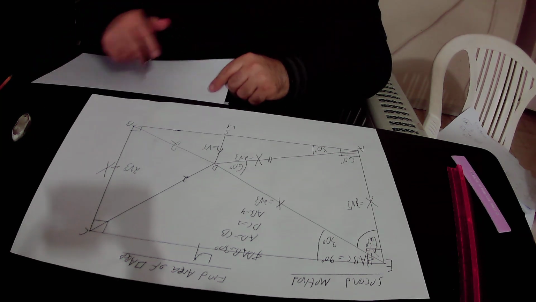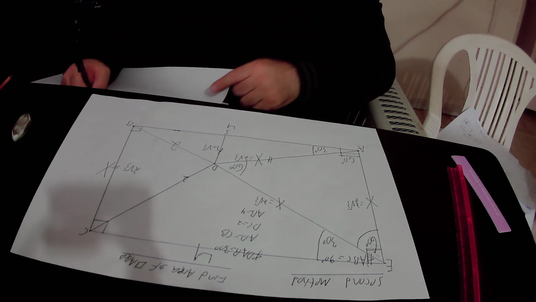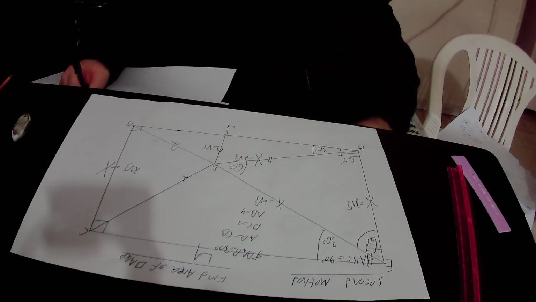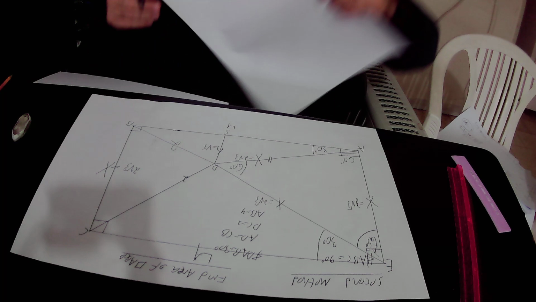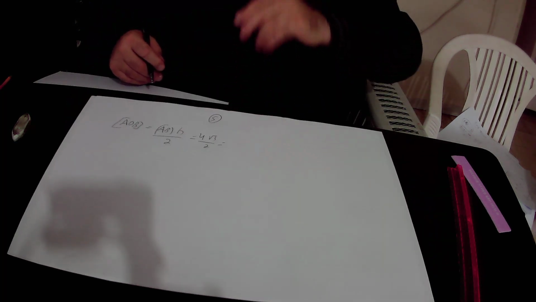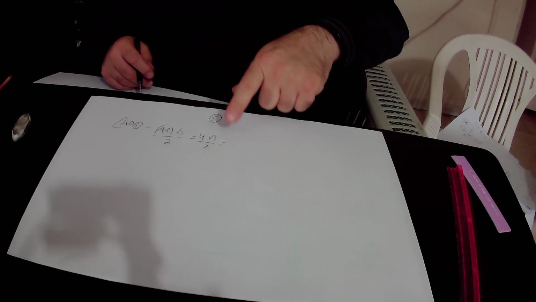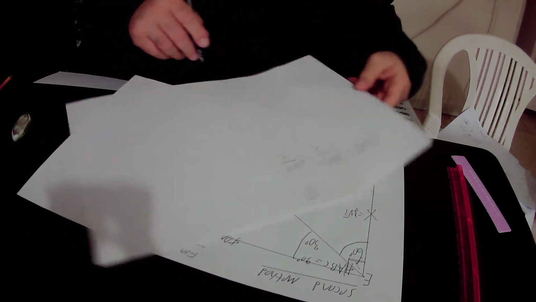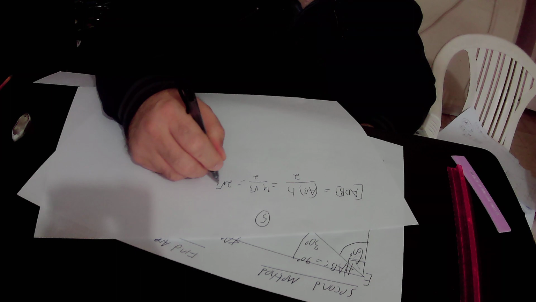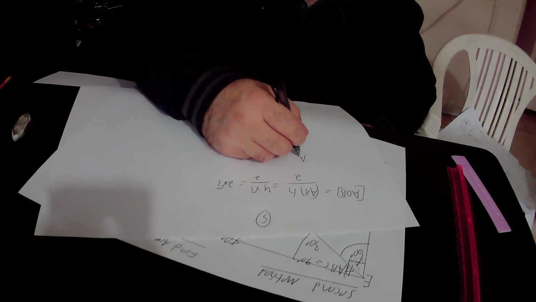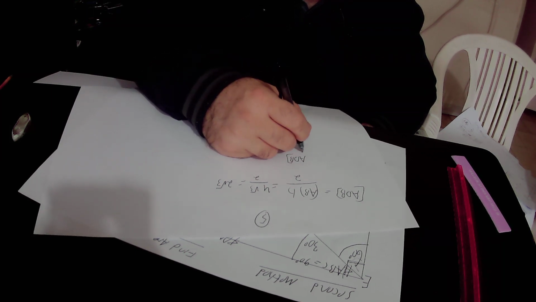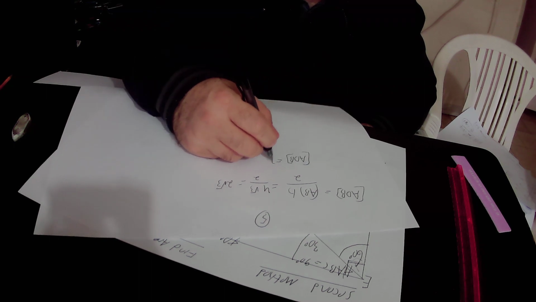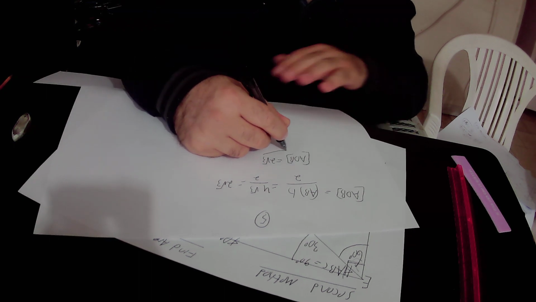AB equals 4, and h equals square root of 3 units, all divided by 2. So here 4 over 2 is 2. So we found out that the area of triangle ADB equals 2 times square root of 3 units.